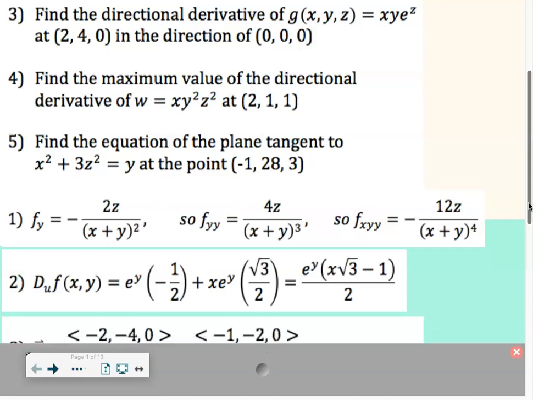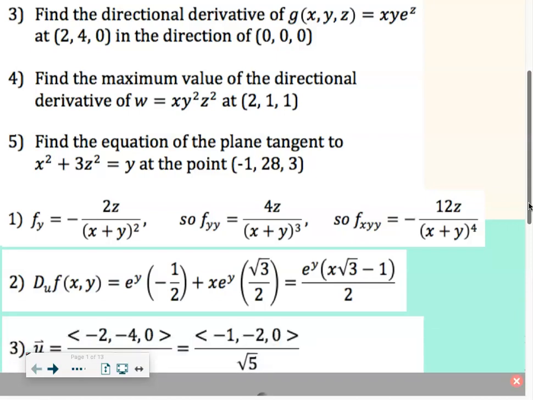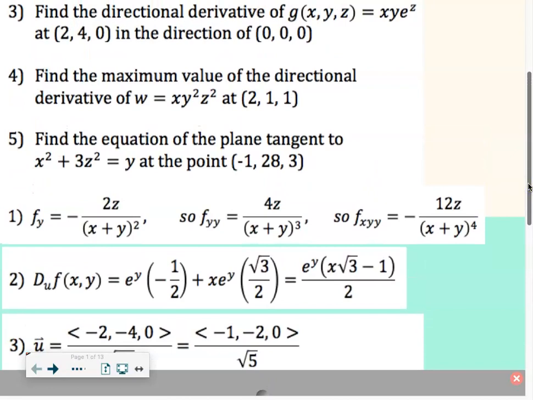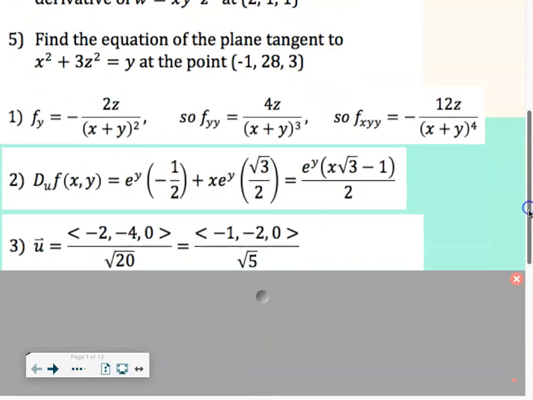So I reduced: negative 2, negative 4, 0 over root 20, or negative 1, negative 2, 0 over root 5. Is this your final?